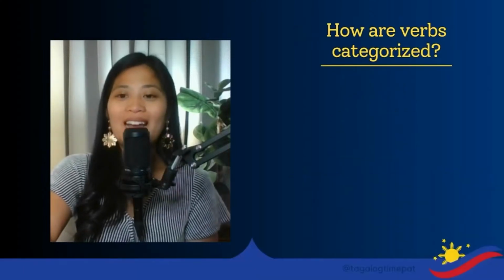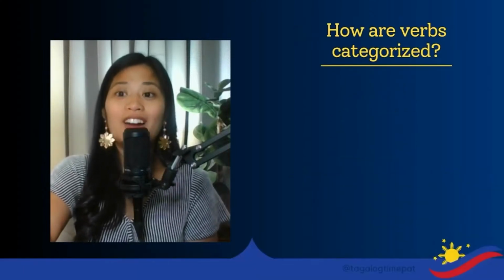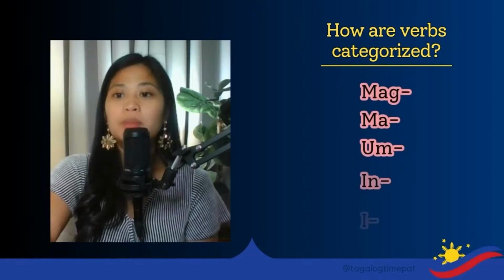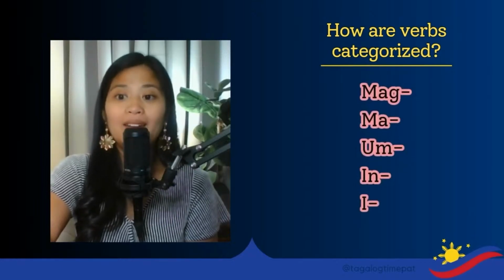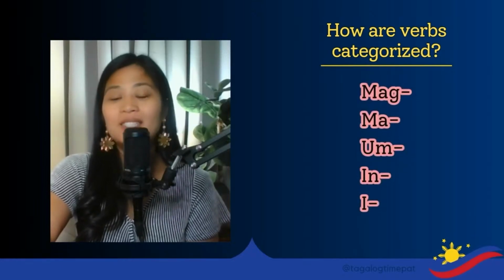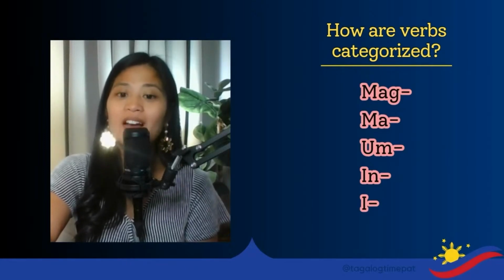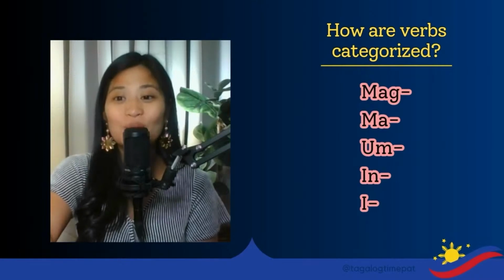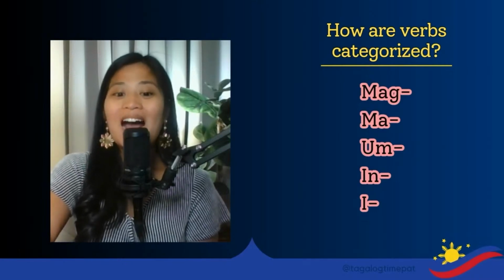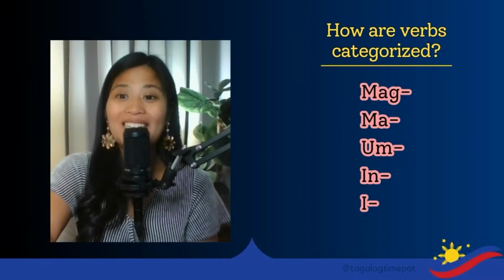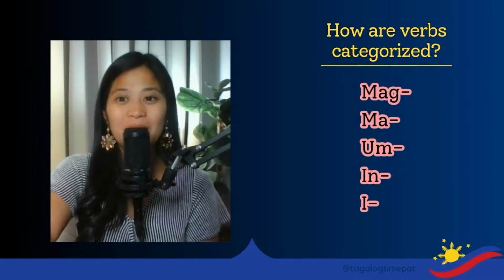So I always get asked, how are verbs categorized? Why are some verbs mag, some are ma, some are um, some are in, some are i? And I've looked it up, and honestly, I have not found a consistent answer for that question. I think it goes back to baybayin, the ancient Philippine script.